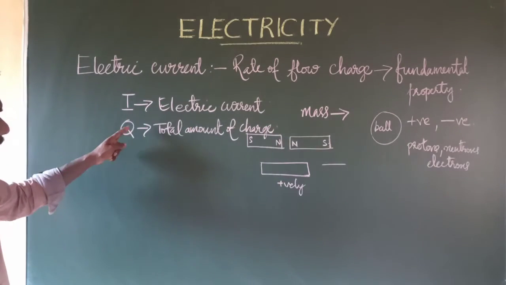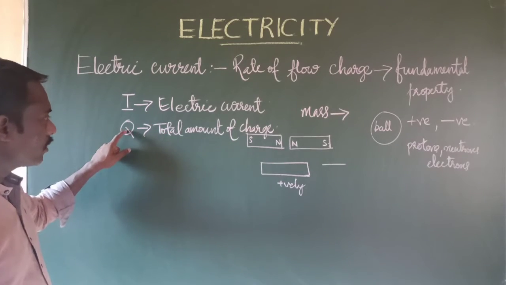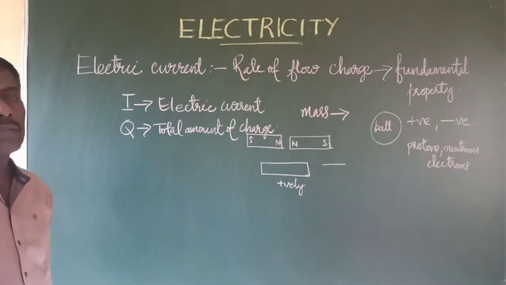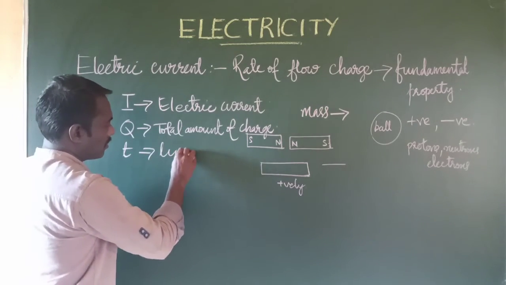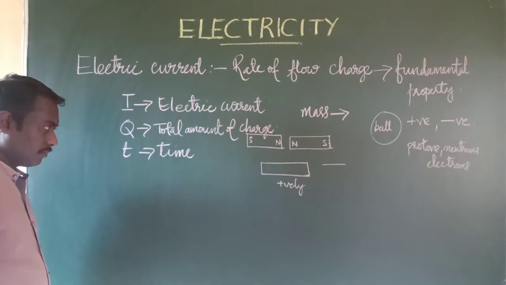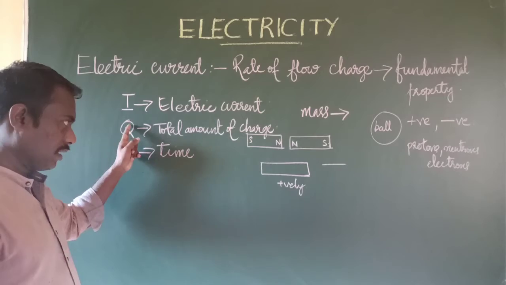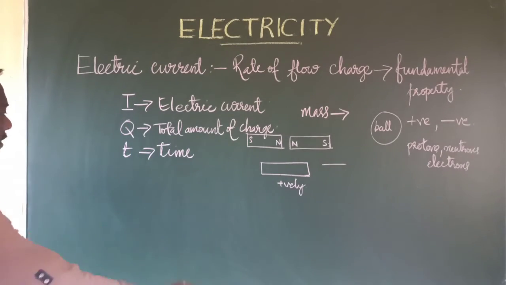Then the net amount of charge Q is flowing through a conductor or a body for a time T, that is the time for which the net charge Q is flowing through the conductor. Then how can we measure this electric current?